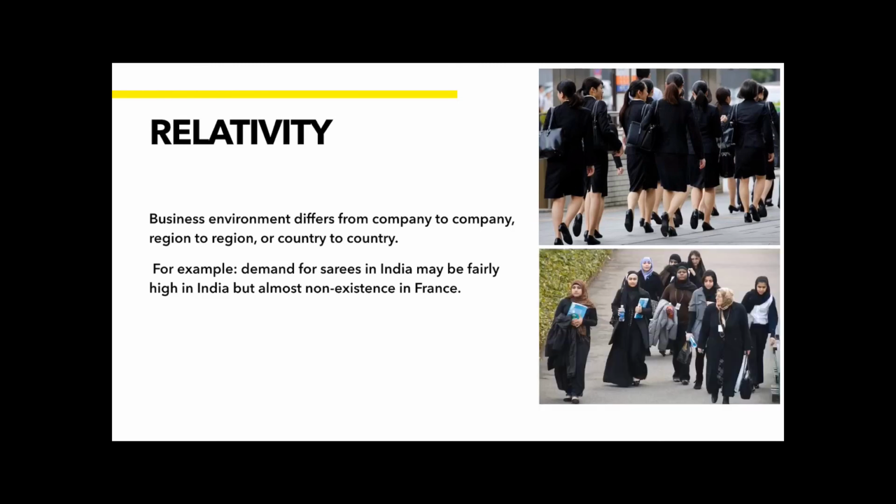And this is how the women have to move out towards a workplace. So I hope with this you can understand that business environment differs from company to company, region to region, country to country. I hope by this you have understood the features of business environment. Thank you.